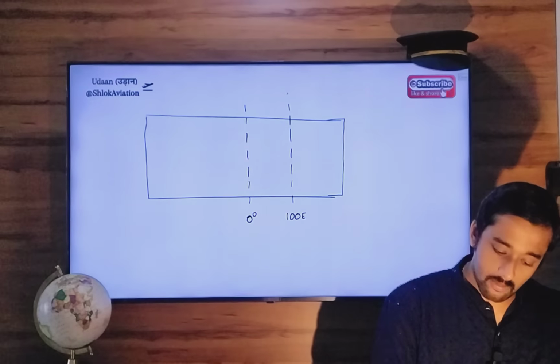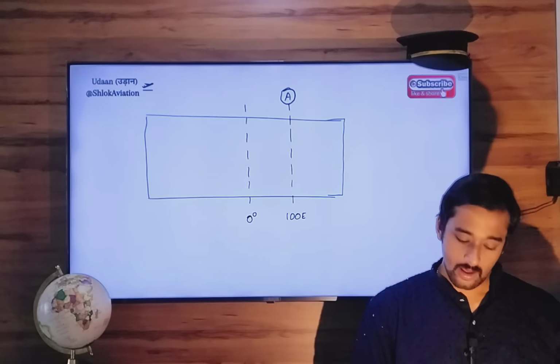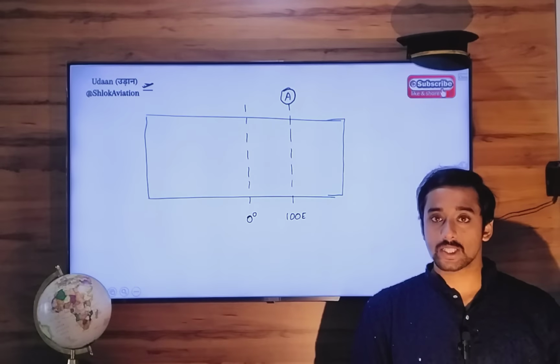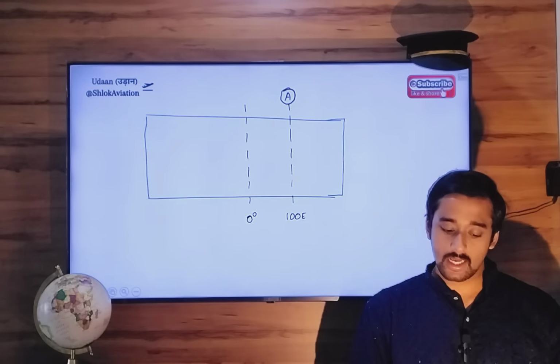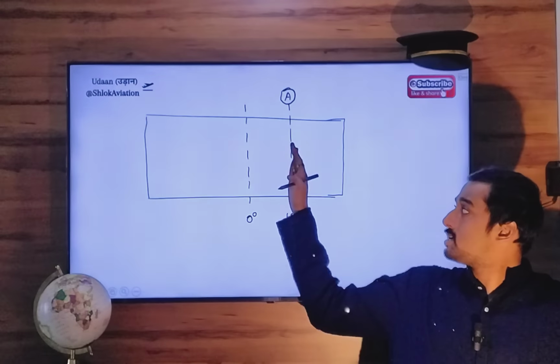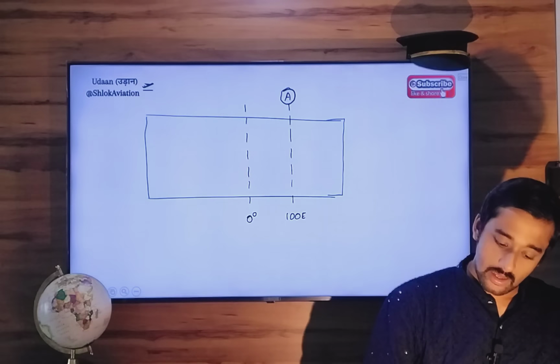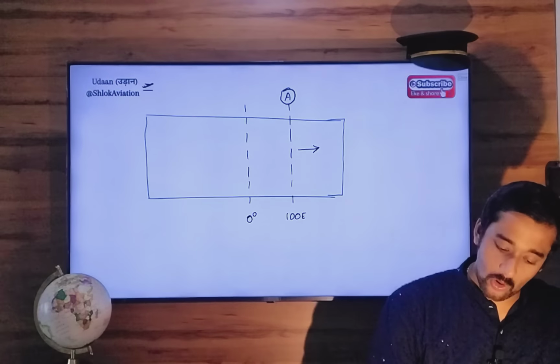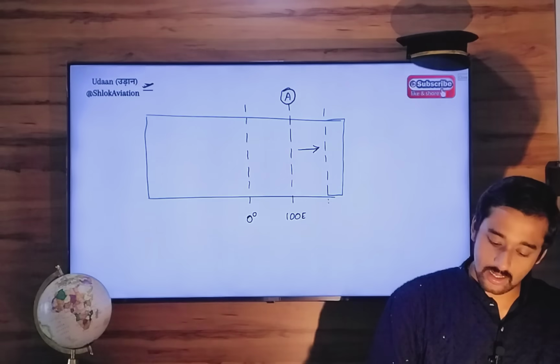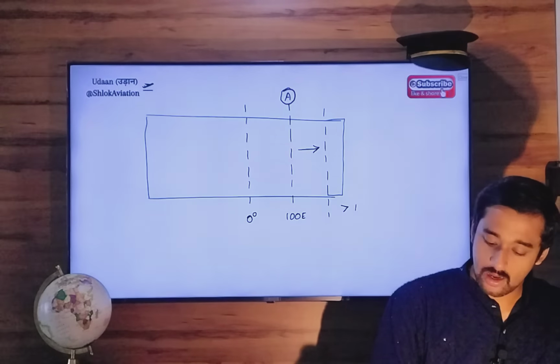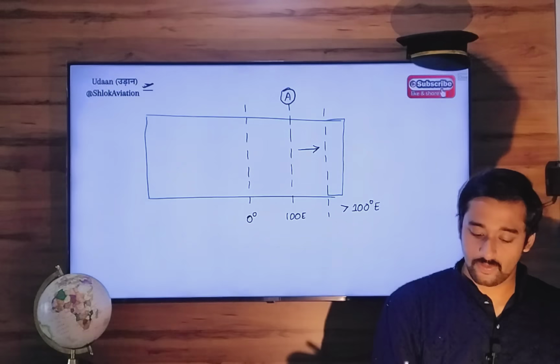This is our location A. Now the second location can be in the eastern hemisphere, to the east of this longitude. If it is to the east of this longitude, it will have a value more than 100 degrees east.